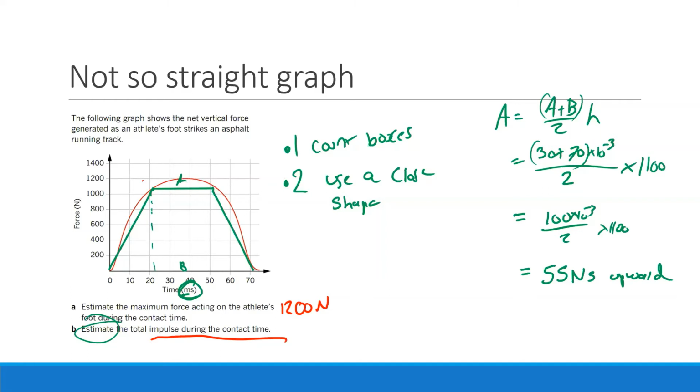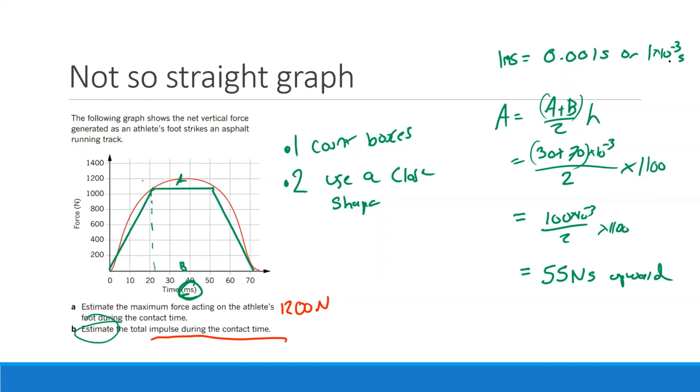Where did the times 10 to the -3 come from? It's the same thing: 1 millisecond equals 0.001 seconds, or 1 times 10 to the power of -3 seconds.